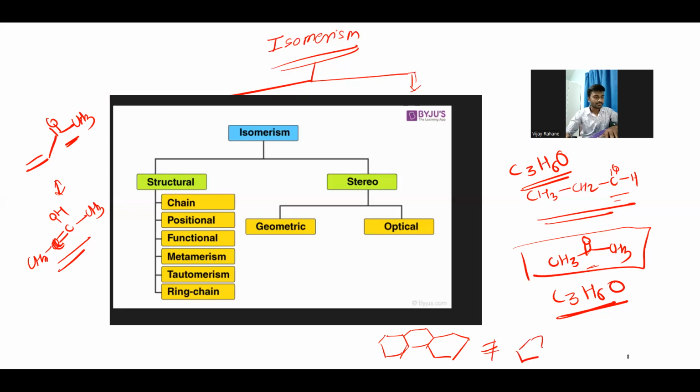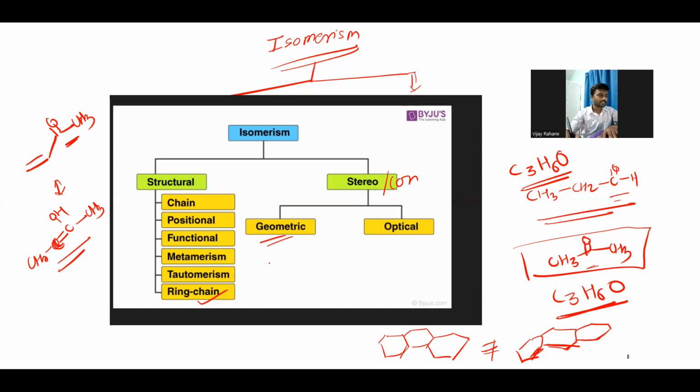But with the same molecular formula, there may be the possibility of this isomerism too. This structure is also possible with the same molecular formula. So this ring is different, and this chain is different. So this is also one kind of isomerism. There are a lot of other isomers as well. In the progress of the course, or probably in the future, you may find different kinds of isomers. And then the stereoisomer, which is also called the constitutional isomer.